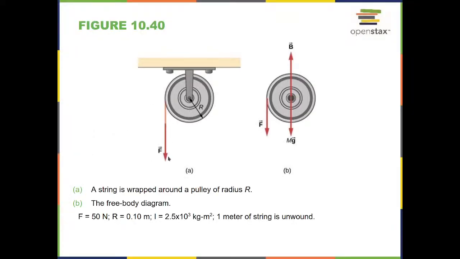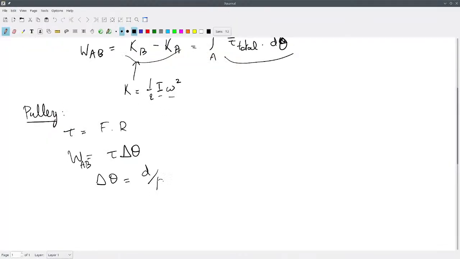The distance d unwound on a disk that has a radius r corresponds to an angle that is rotated over, that is d over r, right?